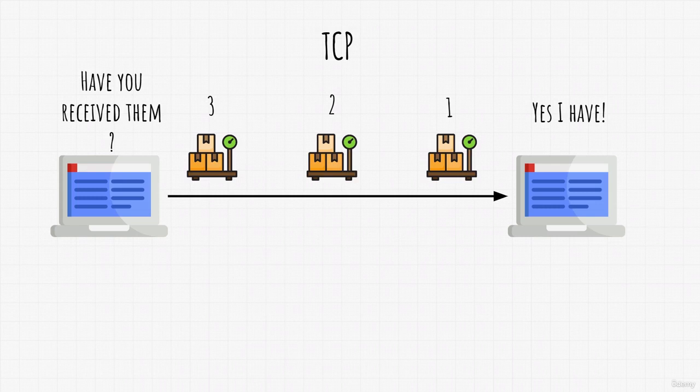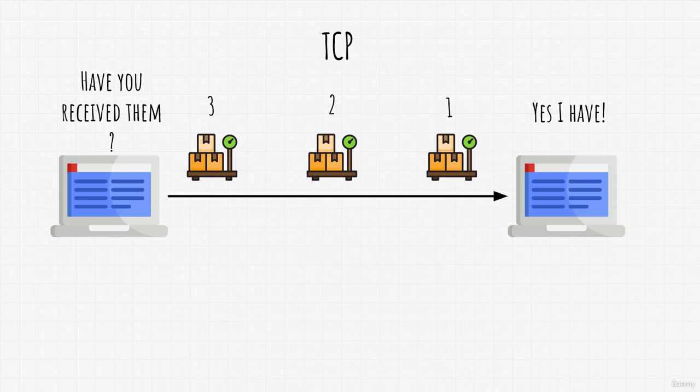So TCP is all about reliability. Packets sent with TCP are tracked so no data is lost or corrupted in transit. That's why once you download a file, for example over the internet, your file is working once you run it on your machine, because it is being transferred with TCP. So all of the packets will reach their destination without any errors.